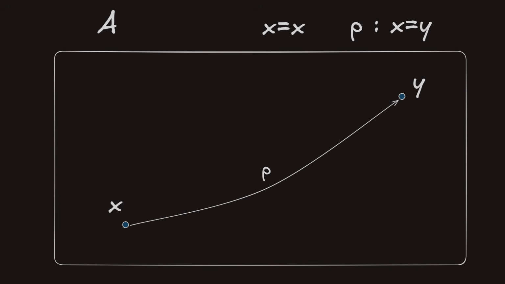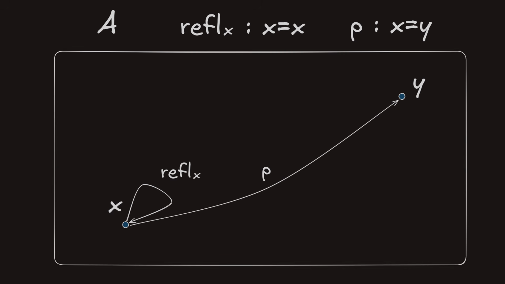In homotopy type theory, we can always construct a special path from a term to itself. In this case, we will call this path ref x. But here's where the magic happens.